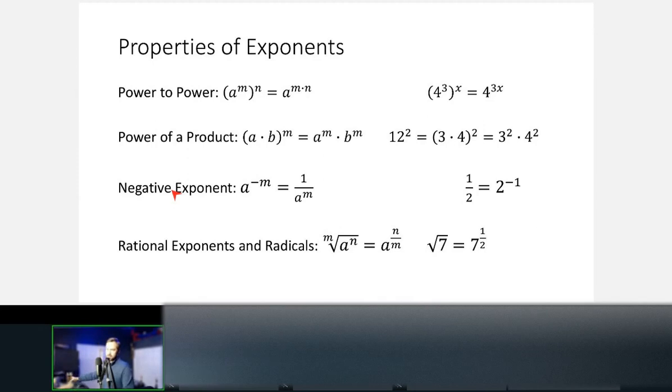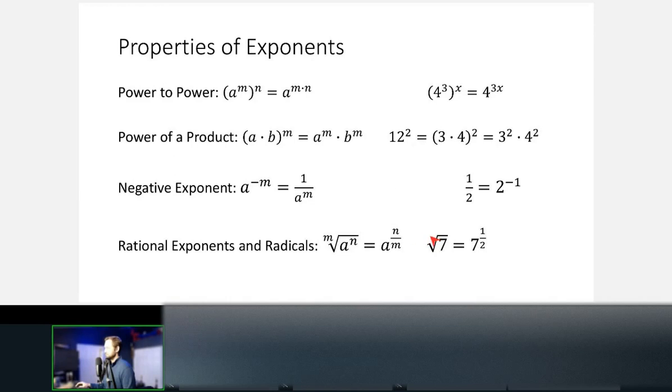The next property we have is the rational exponents and radicals property. Hopefully all of you remember this, but whenever you have a radical like we have here, this variable m is called the index. So if this was invisible, it would be like it is over here. The index is a 2.